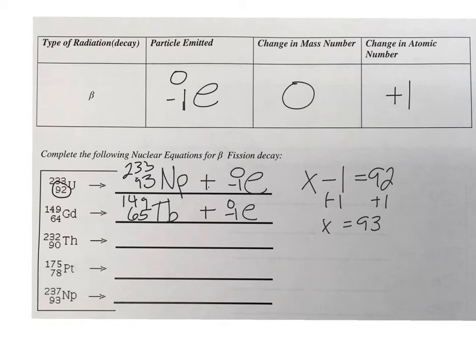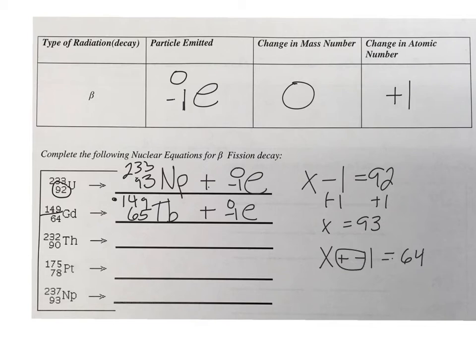So beta decay causes no change in the mass number. So 149 remains the same on both sides of the equation. However, some number of protons plus a negative 1 had to equal 64.